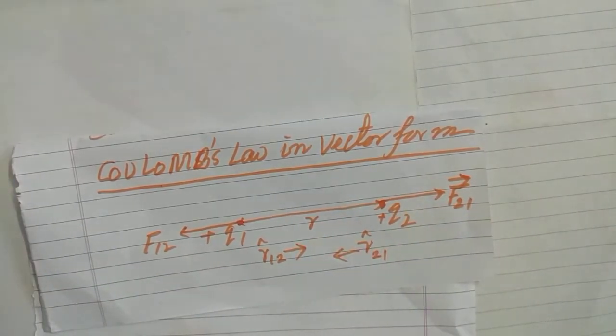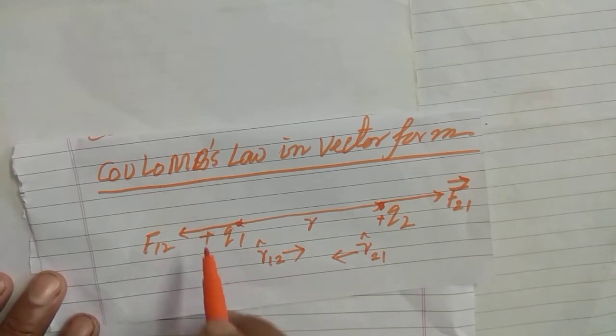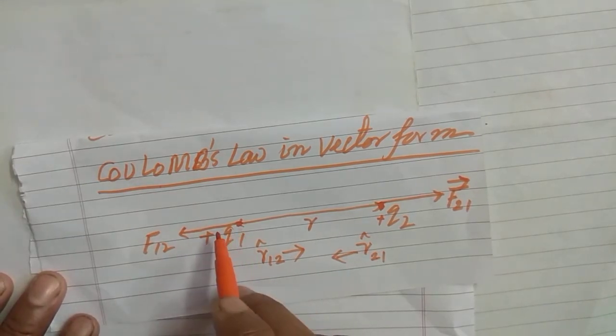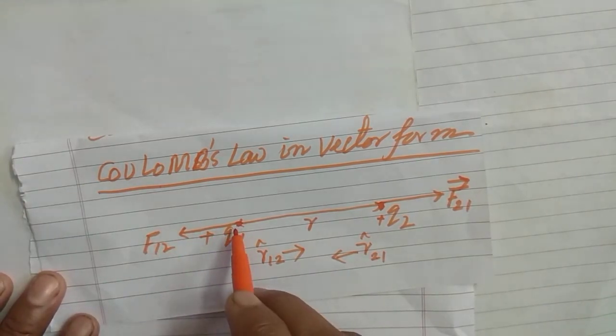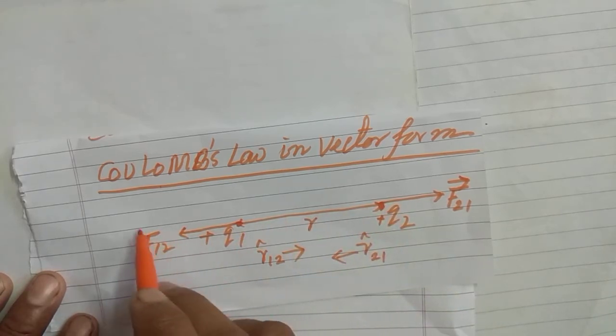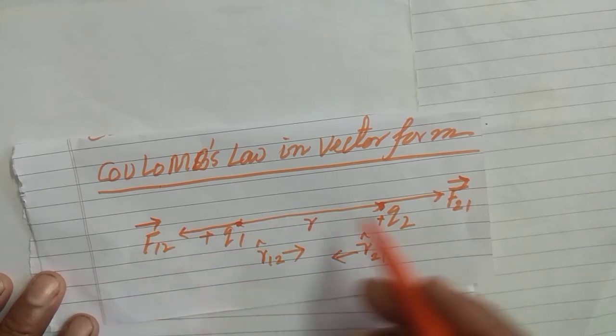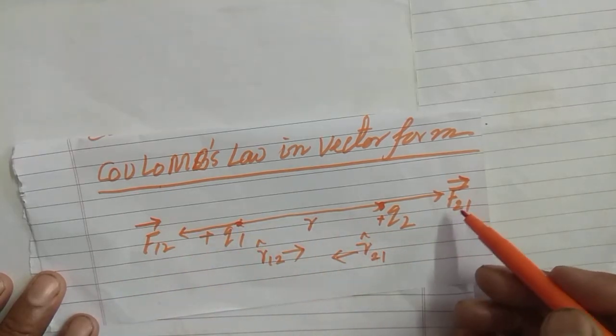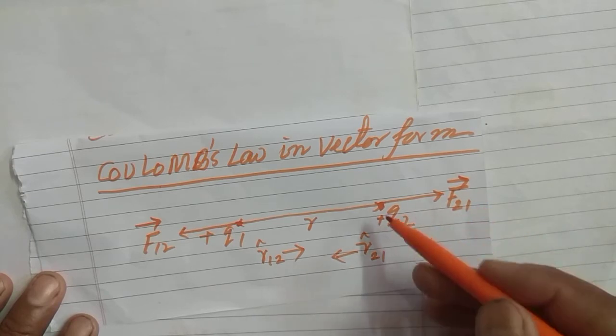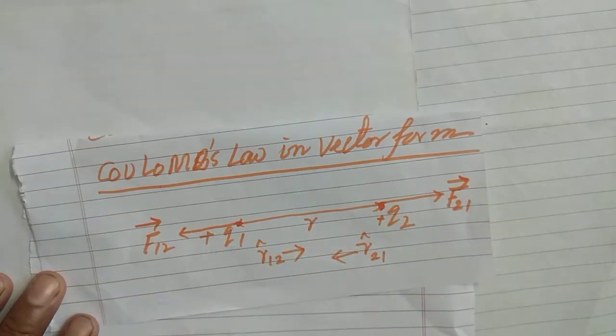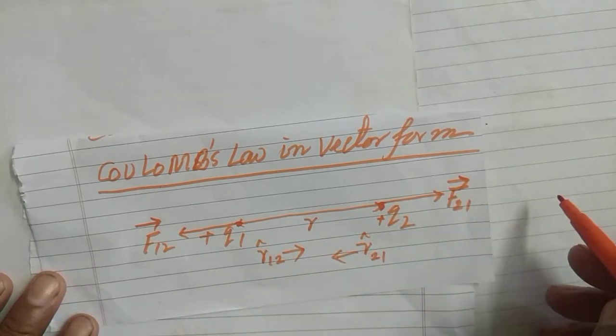And what happens basically, you will see that the force on the first charge due to the second one, that is F12, and this force F12 will act away from Q2. Similarly, suppose F21 is the force on the second charge due to the first one, and this will act in this direction.